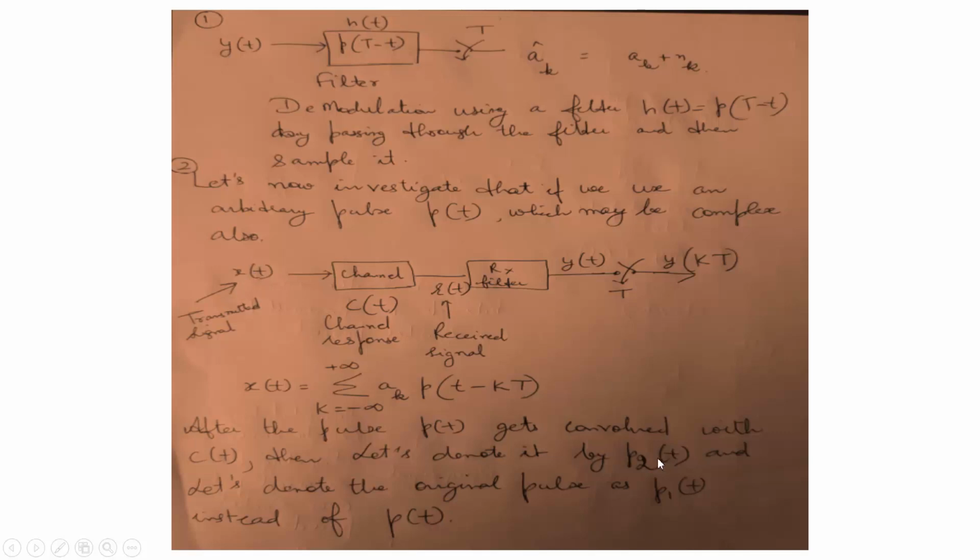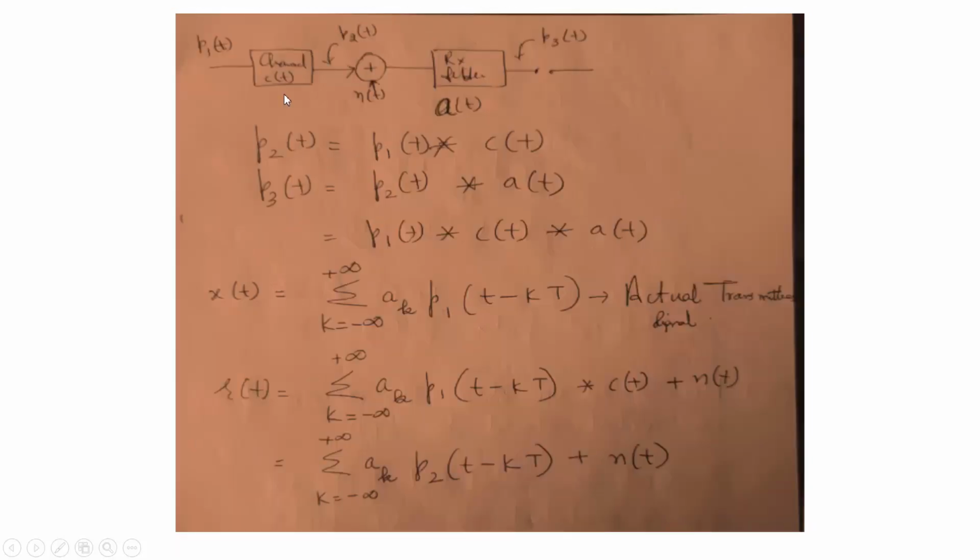So when it gets convolved with c(t), whatever shape of waveform comes out will be called p2(t). I have explained it in this block diagram. p1(t) is my original pulse. After passing through the channel, p1(t) gets convolved with c(t) to give me p2(t), and noise will be added here.